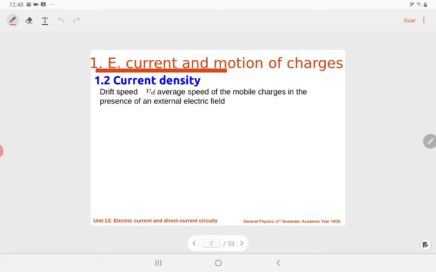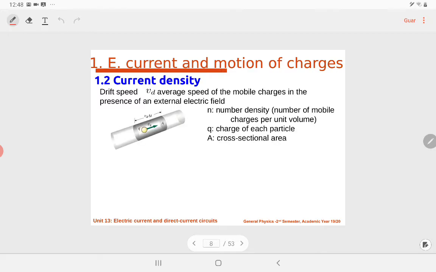So the force is big, so there's going to be a lot of acceleration, and they're going to move quickly. However, the speed of each mobile charge is going to be different because they're going to interact with the ions of the conductor, but we can always think of the average speed of their movement.